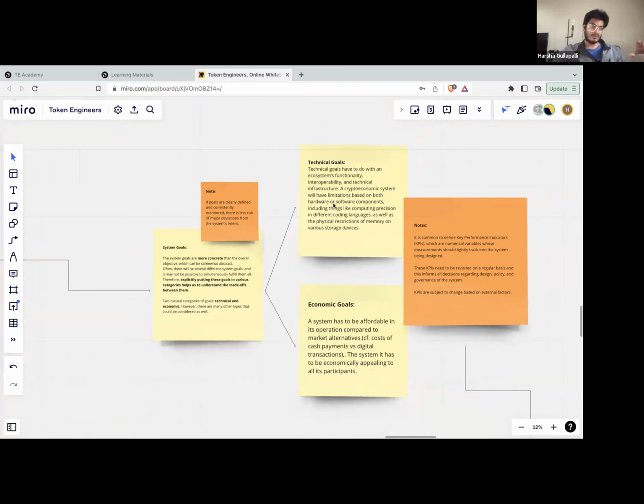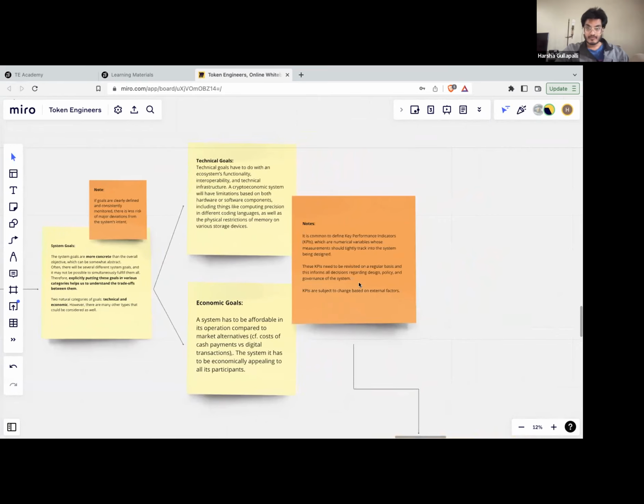So technical goals define our goals in terms of the technology we are using, and someone that understands the technology should be able to define those goals. But the economic goals are the ones that can be defined by all the stakeholders participating in the economic system that we'll be building.